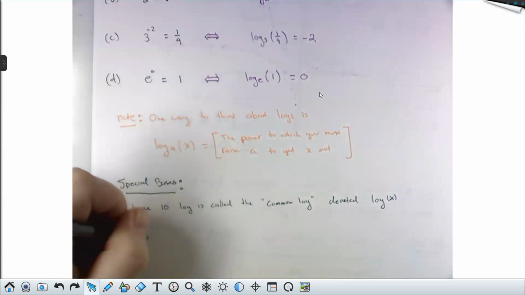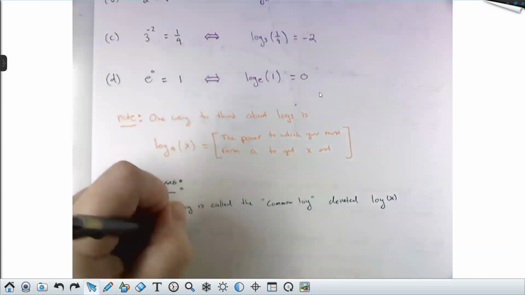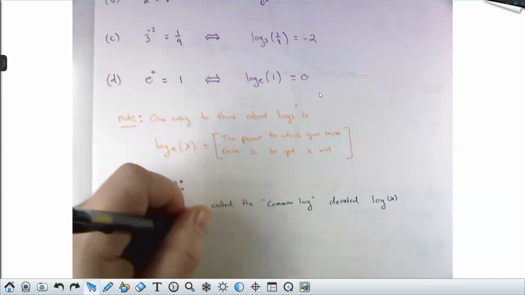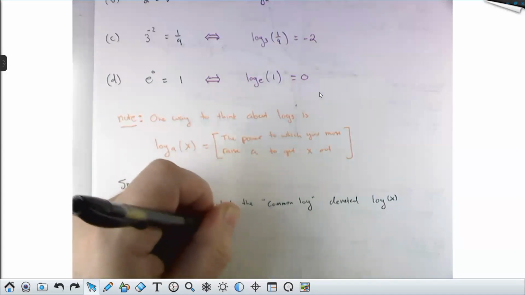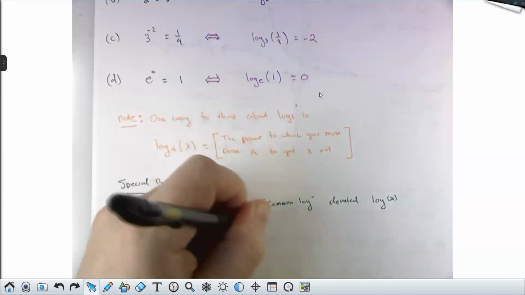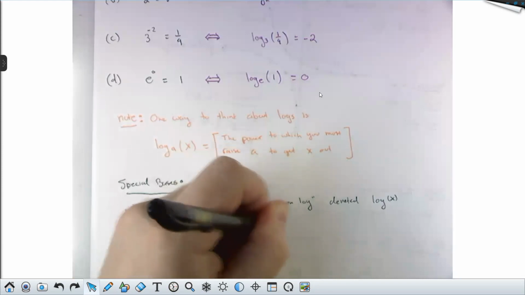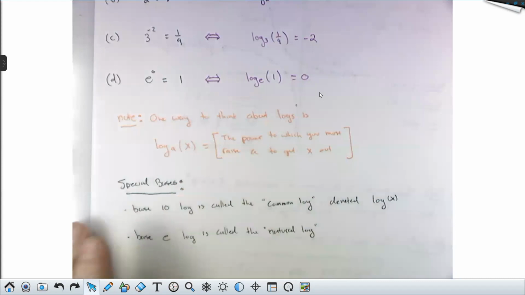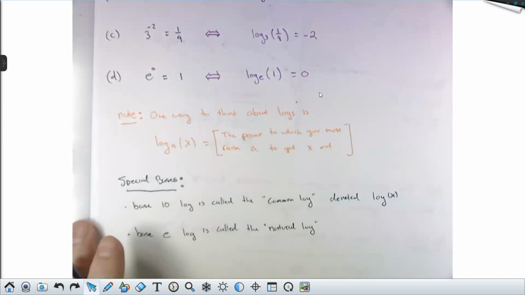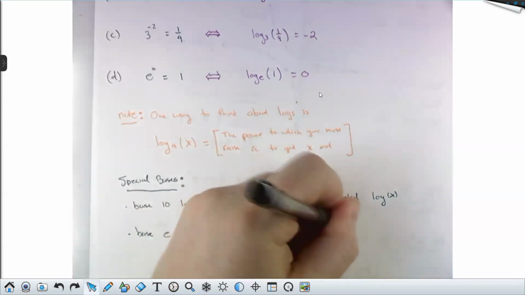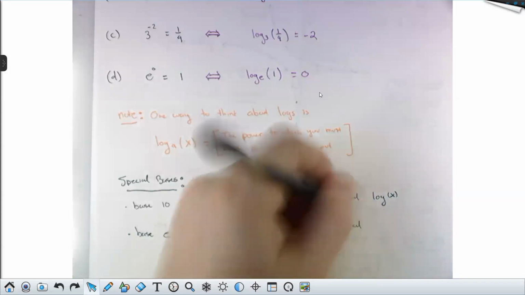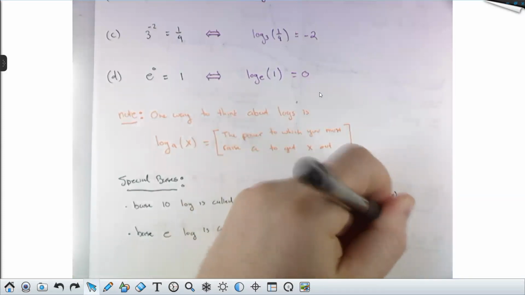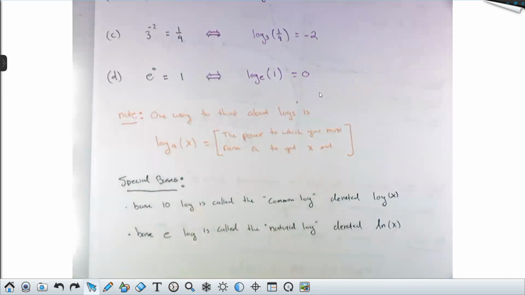And the base e log is called the natural log. Just like we call the base e exponential, the natural exponential. And it is denoted by ln of x.